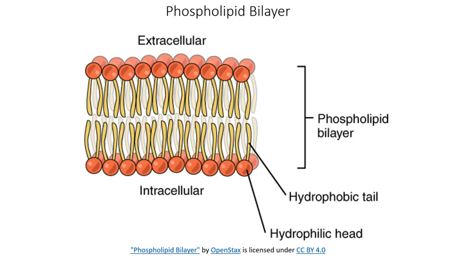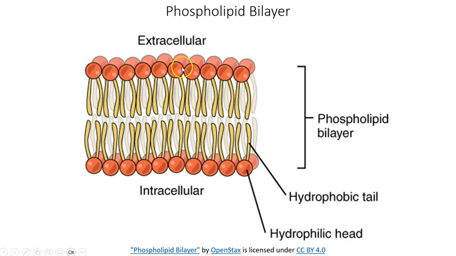So this phospholipid bilayer is a bunch of those phospholipid structures lined up side by side, and then back to back as well. And then we have 2 layers of that facing in opposite directions, as you can see here. And so in one direction we have phosphate heads. This is the extracellular area, so outside of the cell.